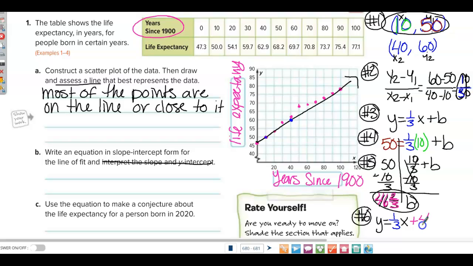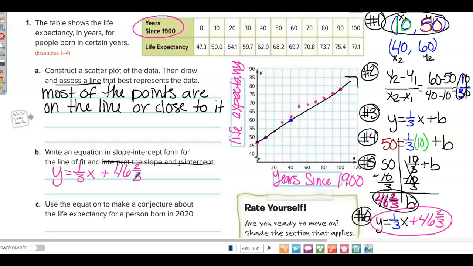So plus 46 2/3. So that is your final equation for your line of best fit. Y equals 1/3 x plus 46 2/3.